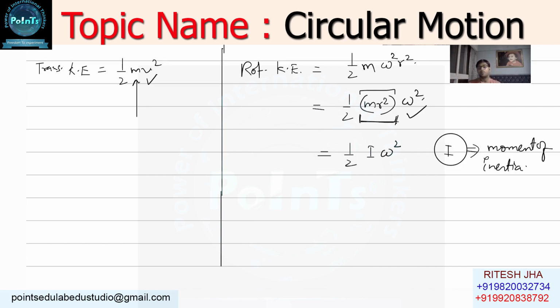Now, all these concepts, trust me, help you in understanding the bigger picture of the universe. We'll come to that later. So the translational kinetic energy is half mv square, and the rotational kinetic energy is half I omega square. Now the force over here we define as ma.